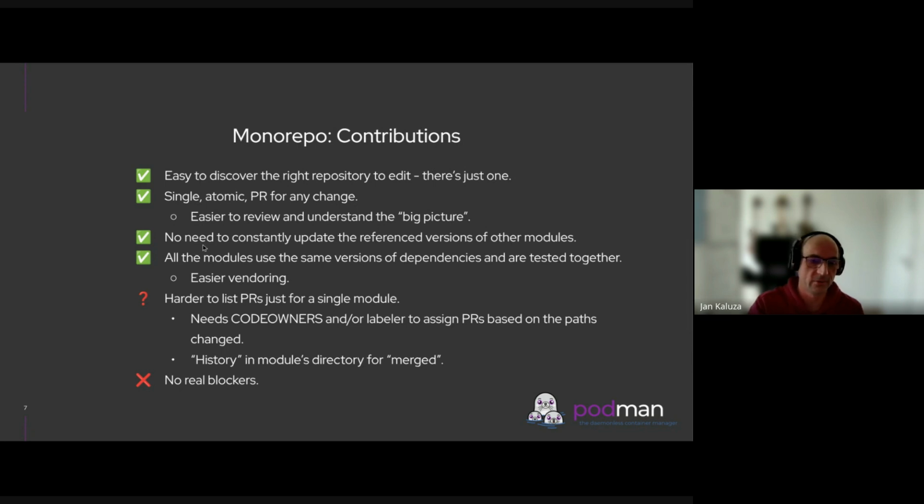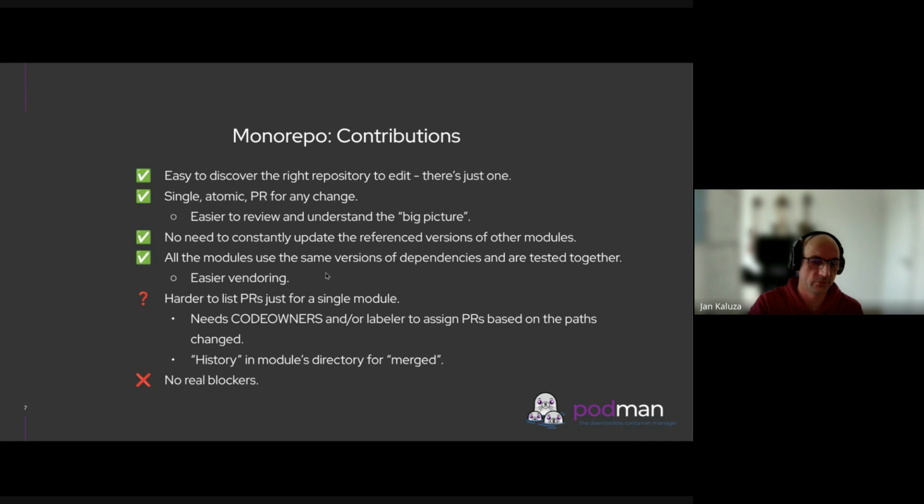If we have all of those modules in a single repository, it's much easier to check that things work together. Also, vendoring is easier, because you have just a single repository where the vendoring happens instead of three repositories.